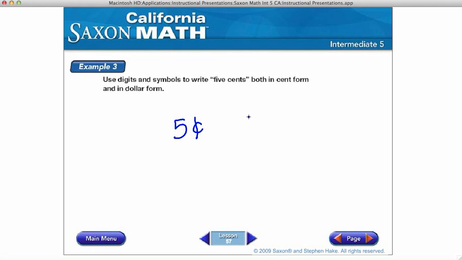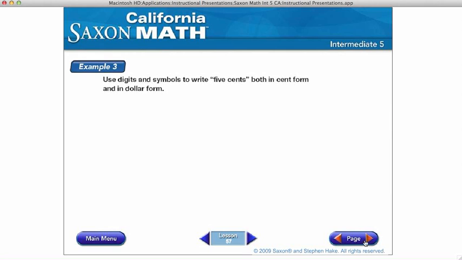Okay, to write it in dollar form, I'm going to write the dollar sign, and then the decimal point, and then 0, 5, because I have 5 pennies, so it needs to go in the pennies place. If I write 5 here, this is 50 cents, not 5 cents. Okay, so these are equivalent, 5 cents and $0.05.